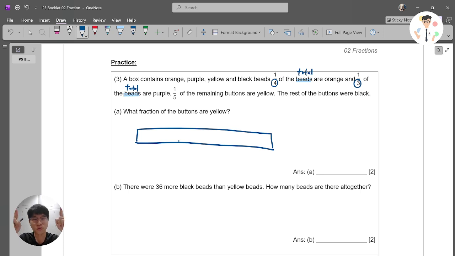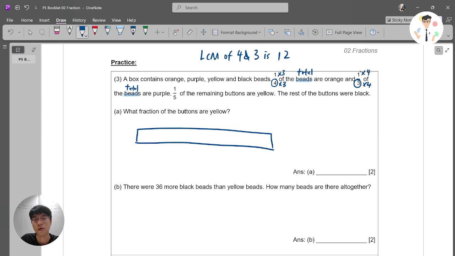So we are supposed to make it the same by looking for the LCM. What is the LCM of 4 and 3? We know it's 12, right? We make it the same because they are referring to the same thing. So I multiply by 3 to become 12, and I multiply by 4.